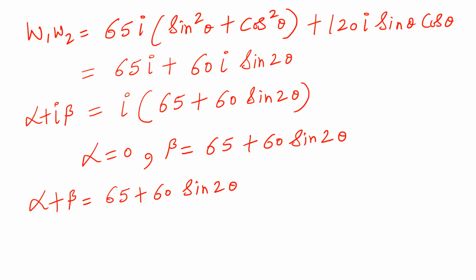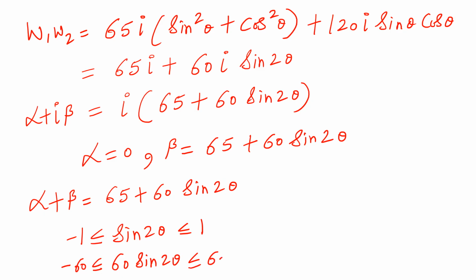Now we have to find the value of P + Q, where P is the maximum value of α + β and Q is the minimum value of α + β. Now students, we know that sin 2θ is greater than or equal to -1 and less than or equal to 1. So that means 60 sin 2θ will be greater than or equal to -60 and less than or equal to 60.